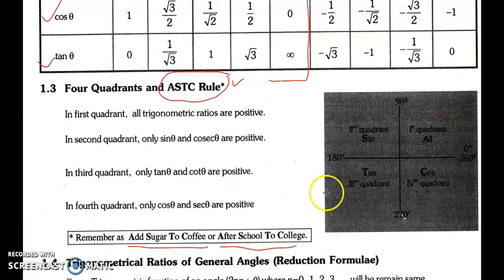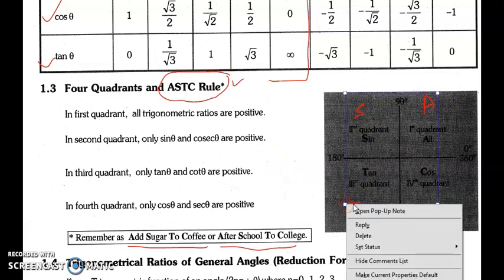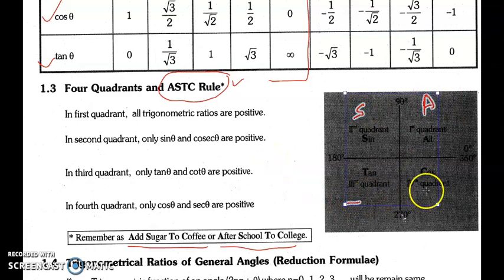This ASTC rule is a rule to remember such things, after school to college, or add sugar to coffee. In this way you have to remember it.